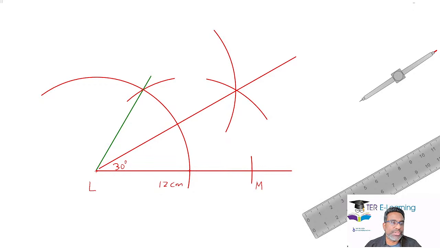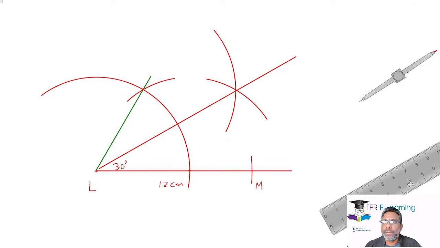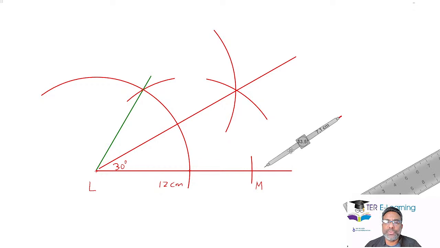Now that's very easy to do. All I need to do is to take my compass, place it at the point M. Now I don't know if I have enough. Let me see something here. Yeah, kind of pushing it there a little bit. Hold on. I'm just going to extend this line a little bit here.